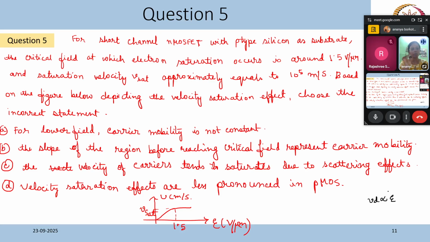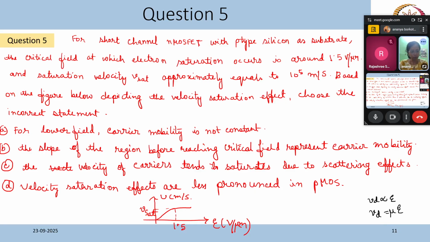If we apply more electric field, the electrons will move faster. So that means our drift velocity of electron is directly proportional to the applied electric field. Okay, this we discussed earlier, and this proportionality constant we were saying as mobility, mu, right?